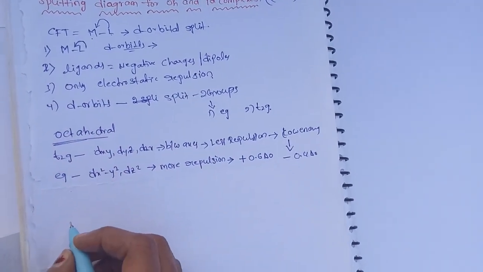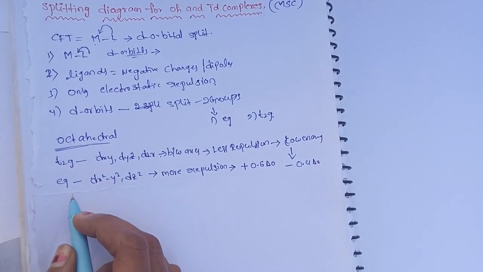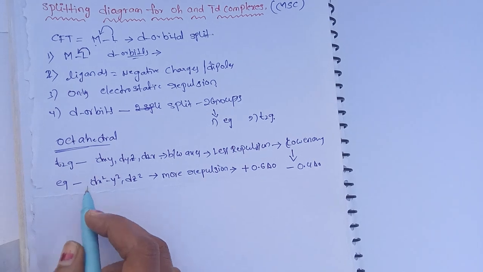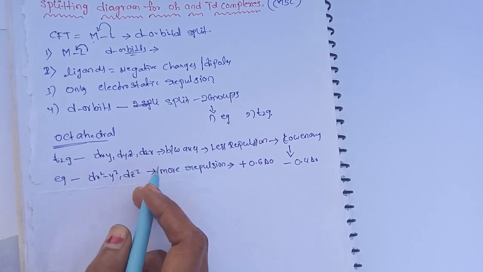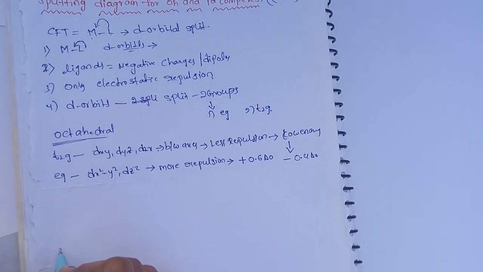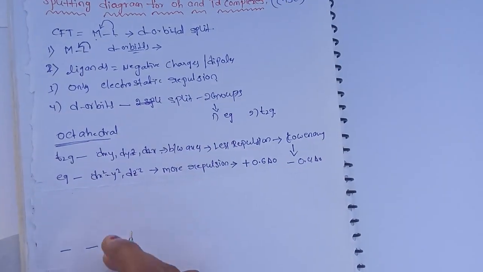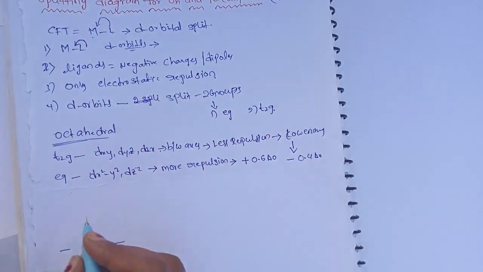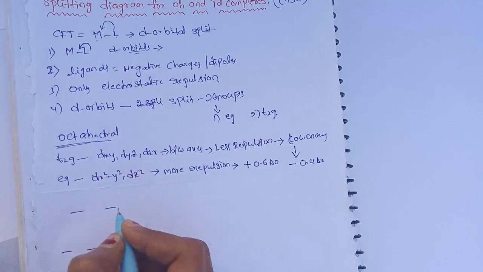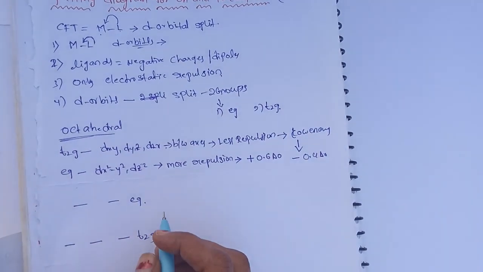You have to see the diagram. T2g is between the axes, so less repulsion. In octahedral complexes, T2g is lower, that means low energy. Eg is higher energy. This is the T2g and this is the Eg.